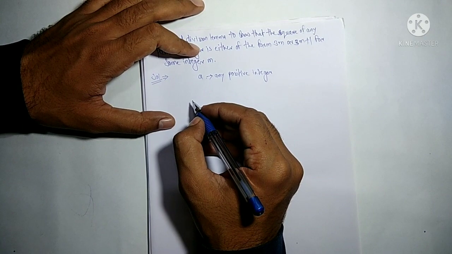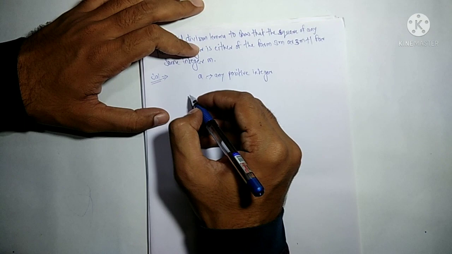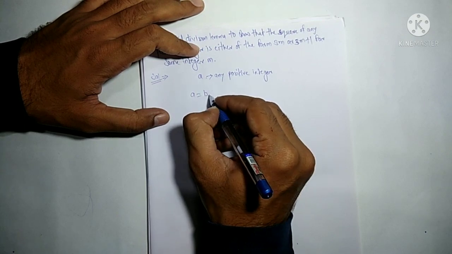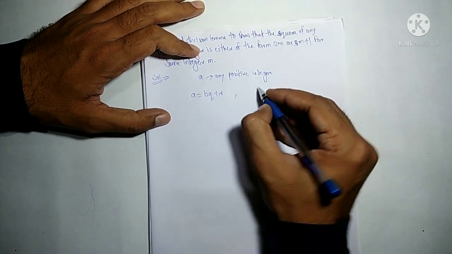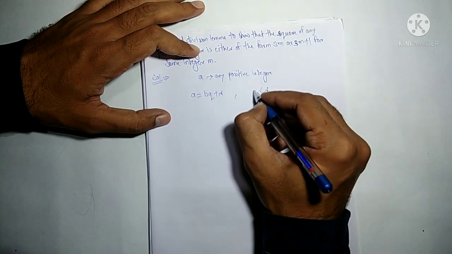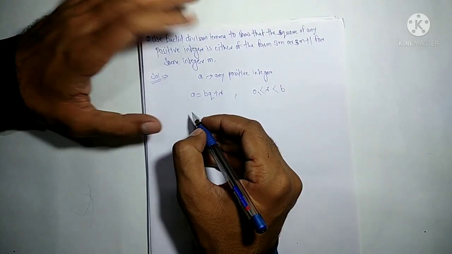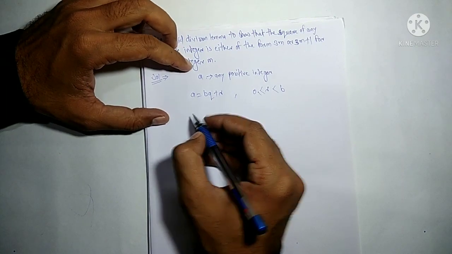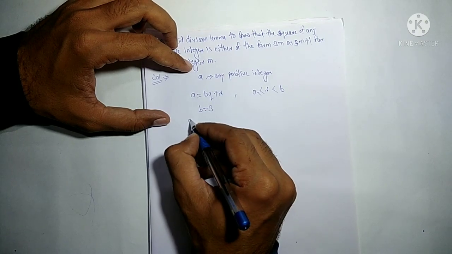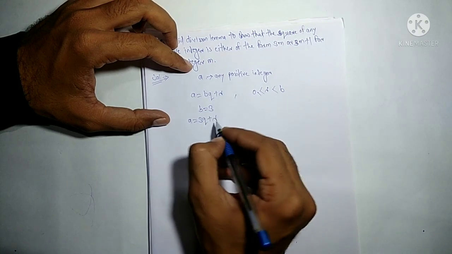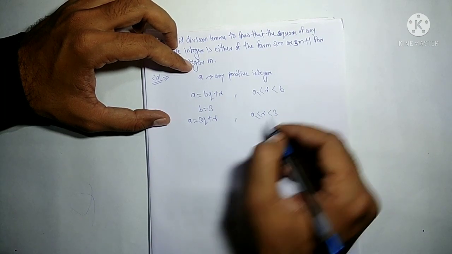Okay, we apply the division lemma algorithm here, so we can write a equal to bq plus r, and in the lemma algorithm r is greater than or equal to 0 but less than b. Again we assume here b equal to 3, then we can write the above equation a equal to 3q plus r, and r is greater than or equal to 0 but less than 3.